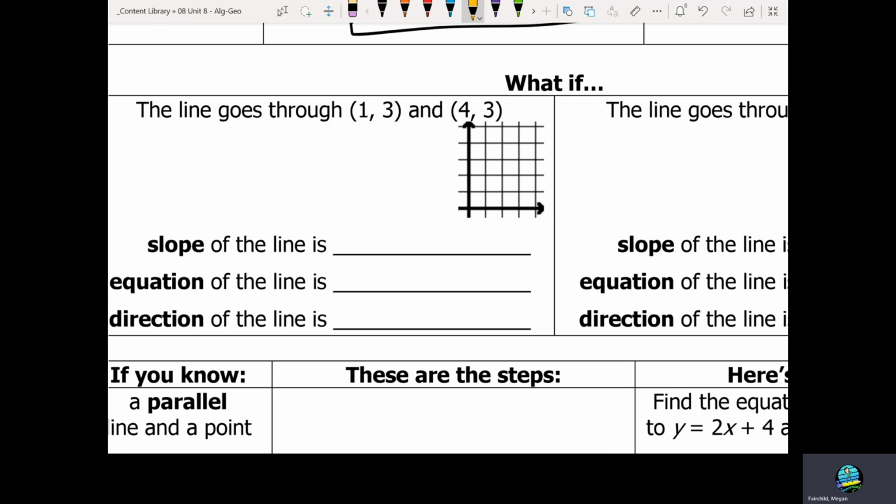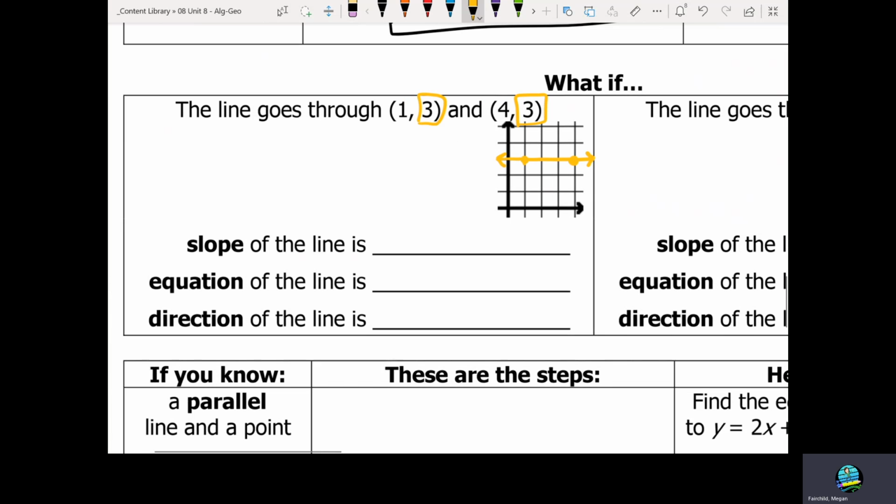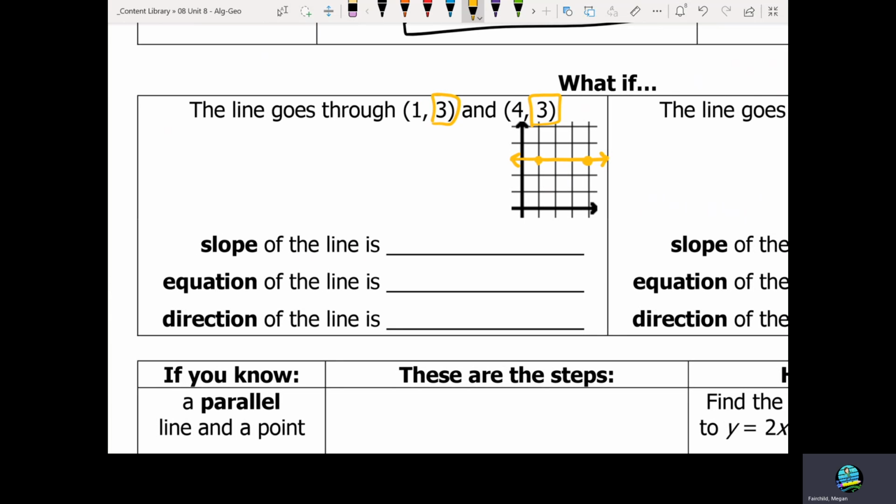All right, Jalen, what did you notice about this line? They have the same y value, right, which is 3. What's the slope of this line, Connor? Yep.